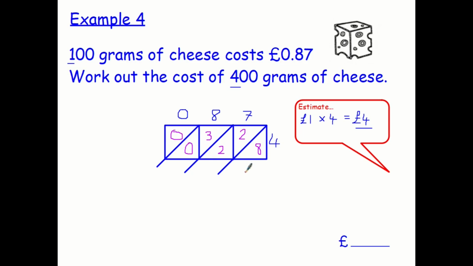Add along the diagonals, I get 8. 2 plus 2 is 4. And 3 plus 0 is 3. So my digits are 3, 4, 8. Where do I think my decimal point's going to go? Well, my estimate was 4 pounds, so I reckon that my decimal point goes there. So £3.48 for 400 grams of the cheese.